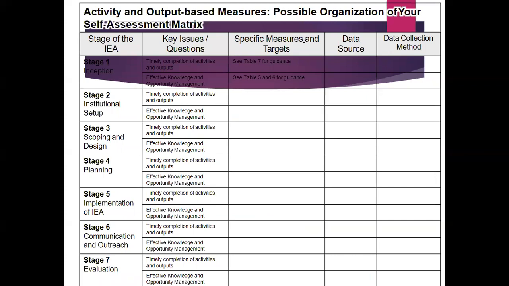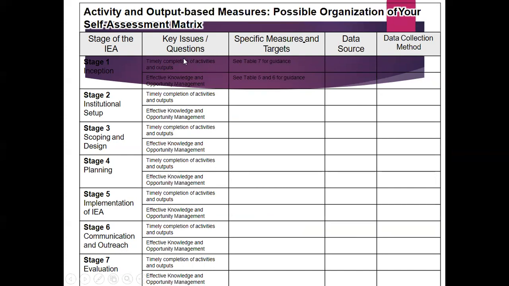Here we have, this is just an example of a matrix that can be utilized for a self-assessment. Notice what we have here. We have the IA process. Remember, there were 7 steps. We have these listed here as our major phases or criteria.